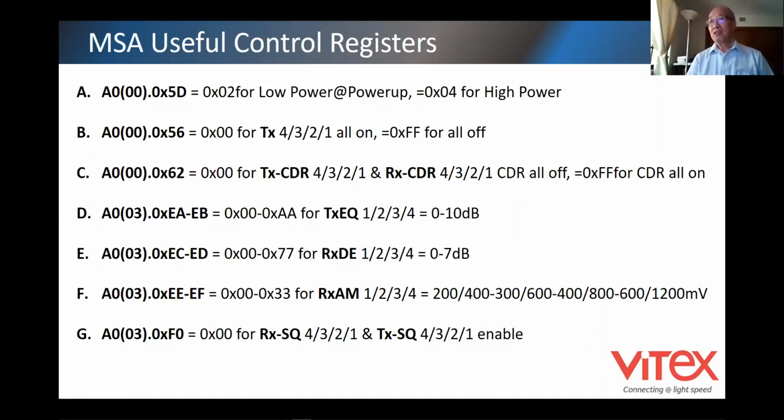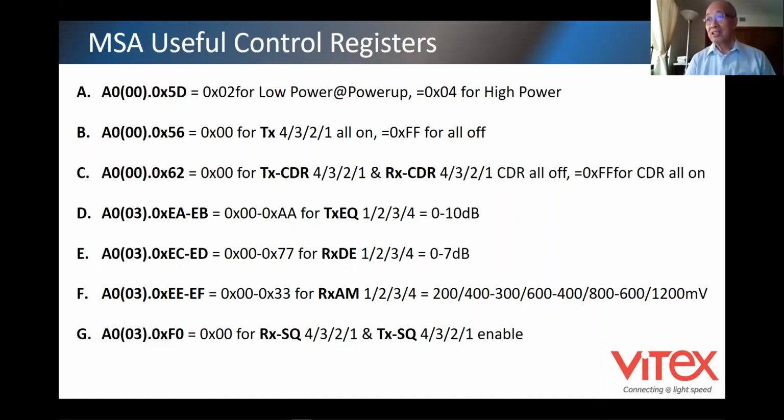The second one is the 56. I talked about that last week about transmitter enable and disable. The third one is CDR. As I labelled, 4321, 4321 transmitter and receiver, so each bit is for one entity, to turn the CDR on and off.